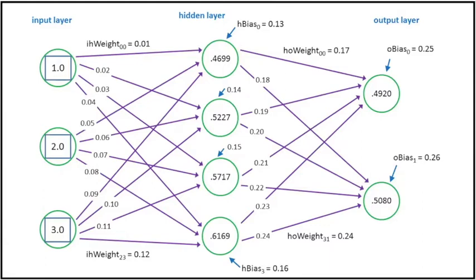And then you take the final input, which is 3, and multiply that by 0.09, which is on its arrow. Then you add up the three of these, and then you add the bias for the node in the hidden layer. This figure you get here, you can feed into the activation function to get your final output. The activation function introduces nonlinearity into the output of a neuron. And then you repeat this for all the nodes, and then you get your outputs.